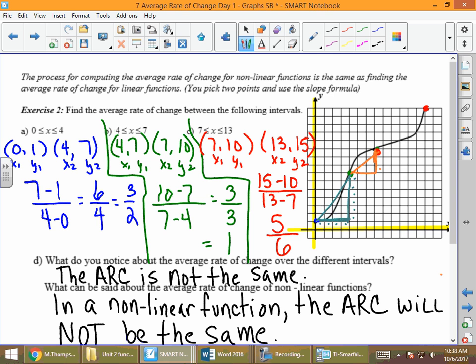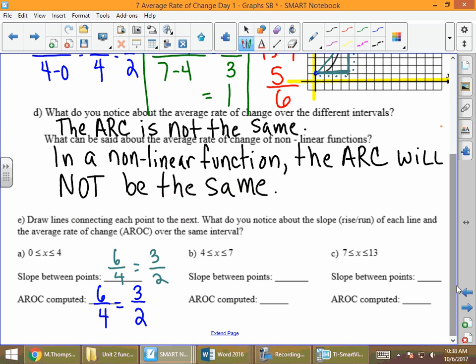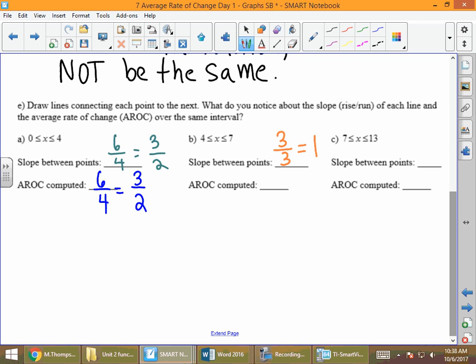We rise 1, 2, 3, and we run 1, 2, 3. And once again, we have 3 over 3, which we can simplify to be 1. If you prefer, 1 over 1. But again, if you flip your paper over on the front, we came up with 3 over 3, which equals 1.